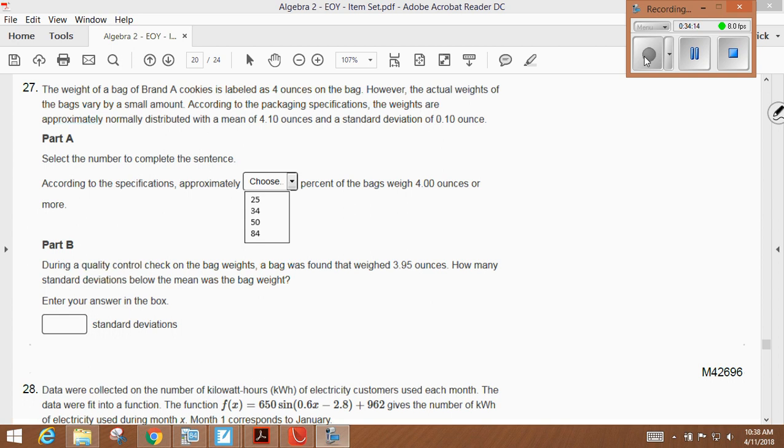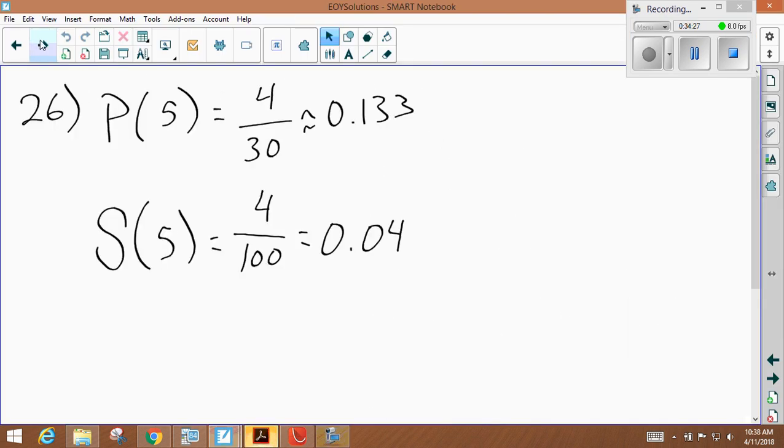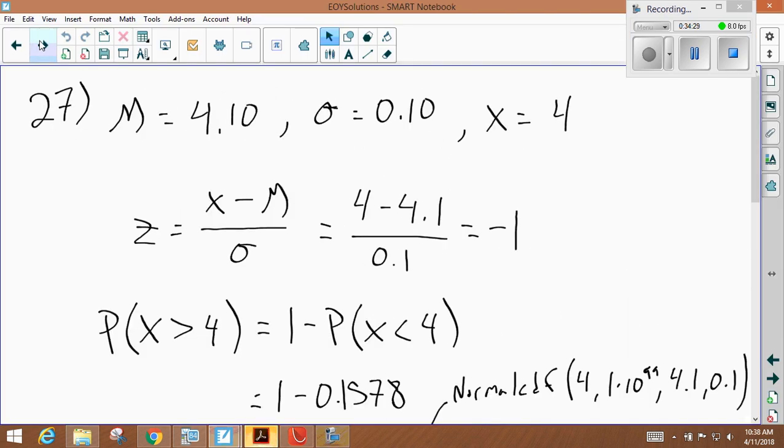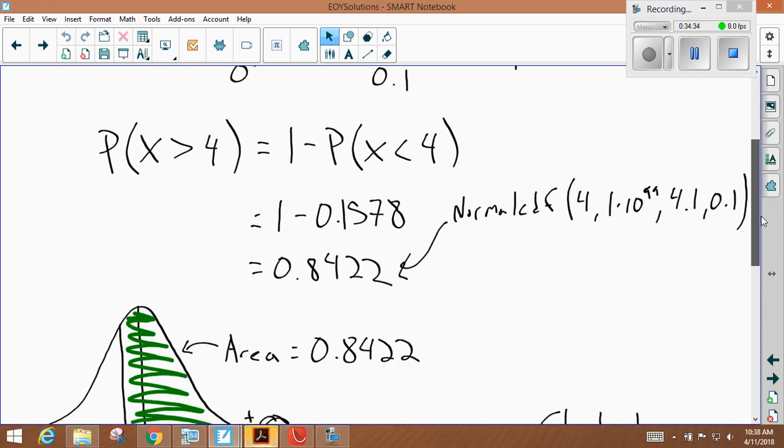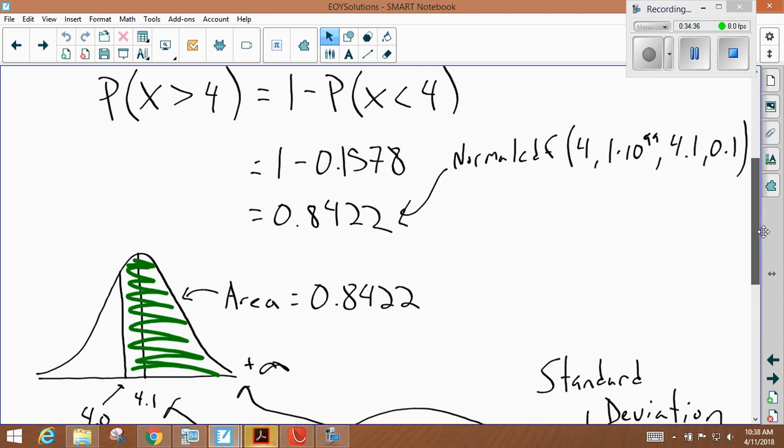In order to answer this question, we are actually going to go to our calculator. We're going to hit normal CDF. Actually, I'm going to go ahead and get the solution. This is the important part. The normal CDF. Remember, you have your lower bound, your upper bound, and then you have your mean and your standard deviation.